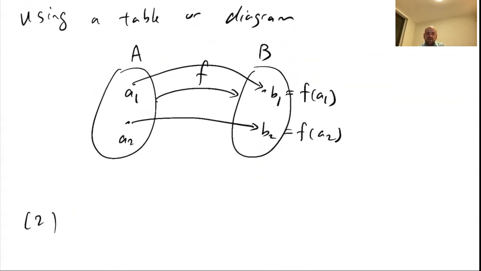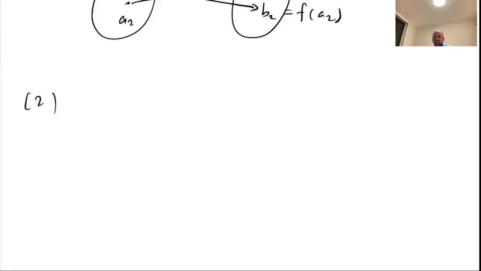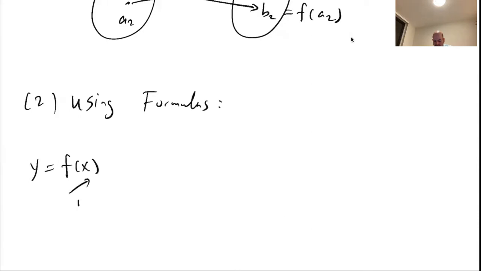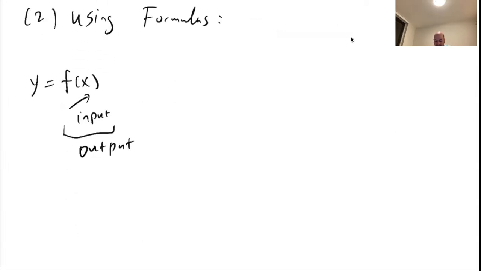So the second option, using formulas. When you say, for example, y equals f of x, this means this is the input, and then this is the f of x, which is the same as y, the output.